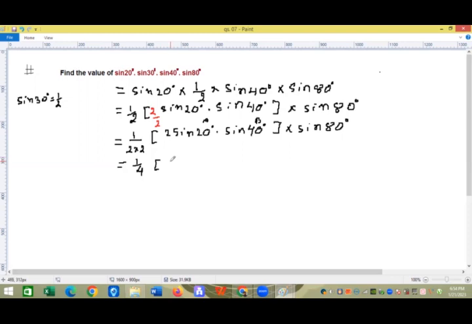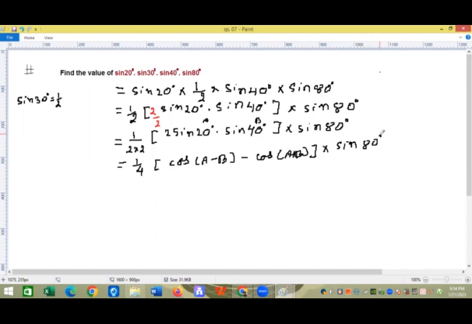In order to make our work easy, let's write the formula first. If you understand, 2 sine A sine B equals cos A minus B, that we have seen earlier, minus cos A plus B. We close the bracket and times sine 80 degrees.